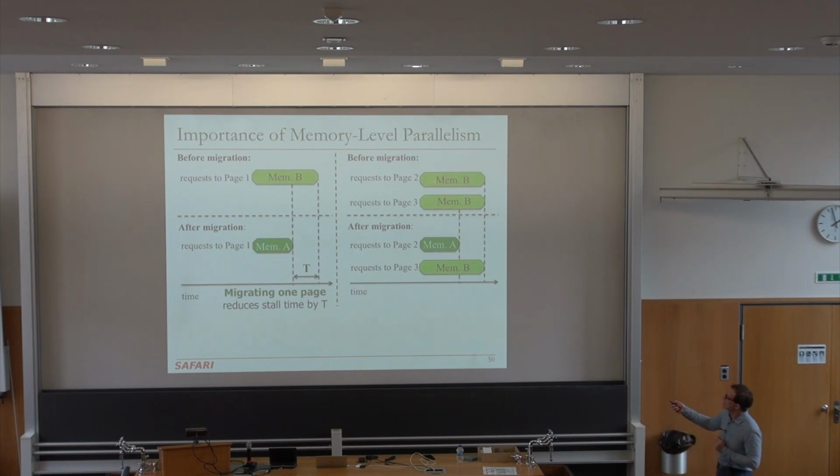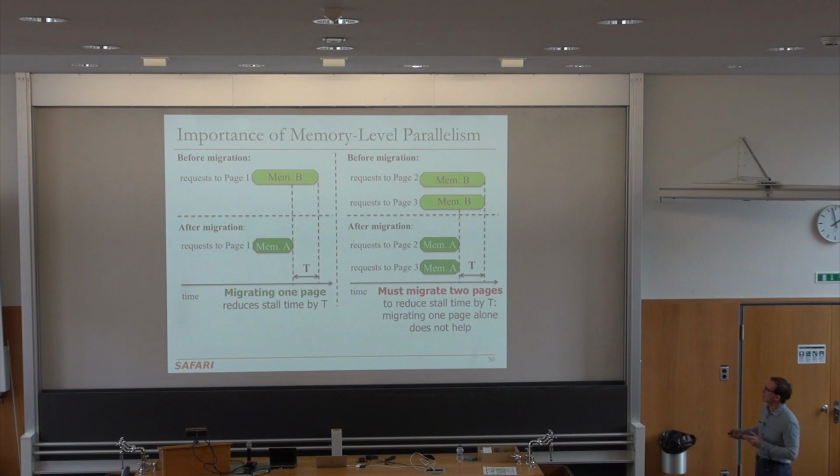And basically, both pages are in slow memory in this case. You migrate only one to fast memory, and you don't gain anything, right? Because the application needs both of the pages to proceed. In this case, in order to gain something, you really need to migrate both to reduce stall time by t, just like over here. And t is the difference between the access time of both memories, assuming everything else is equal. So migrating one page alone doesn't help, so you need to migrate 2 pages.